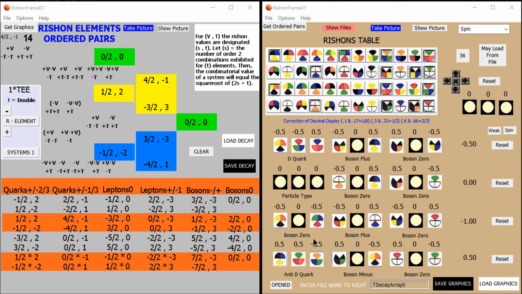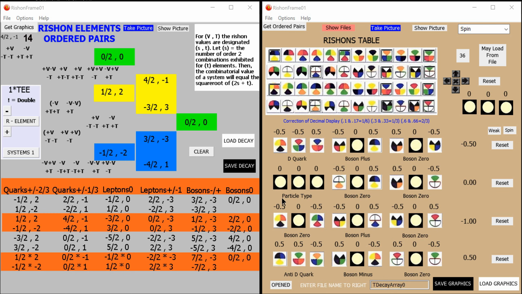Now here we have actually, since this initial T Rishon had a spin of minus 1/2, that minus 1/2 spin also was taken away with the W boson. And so these two together compose the W boson.